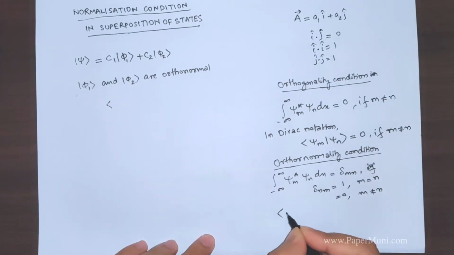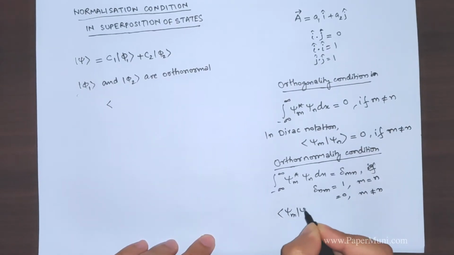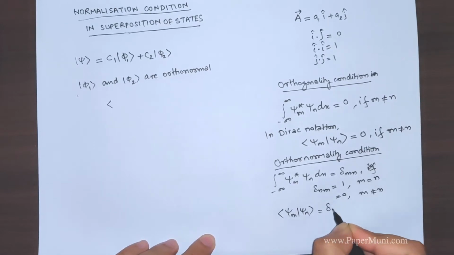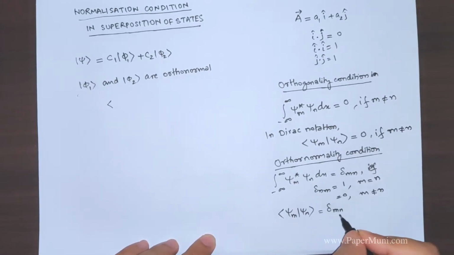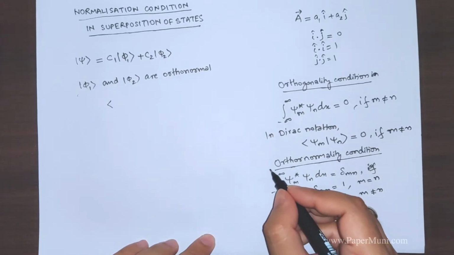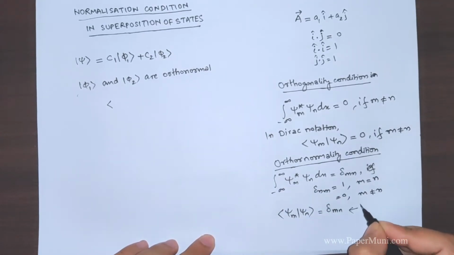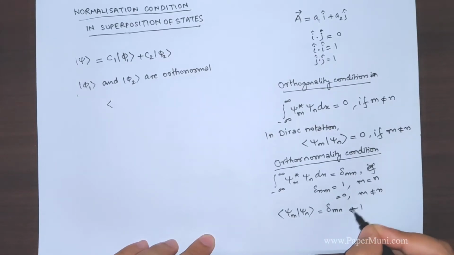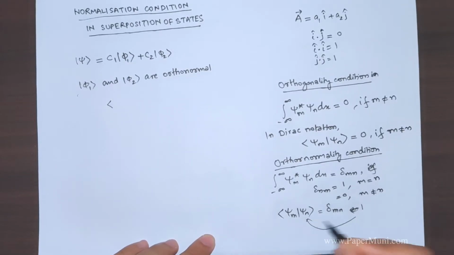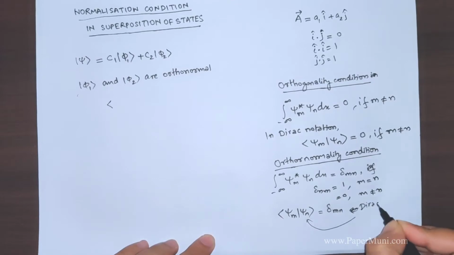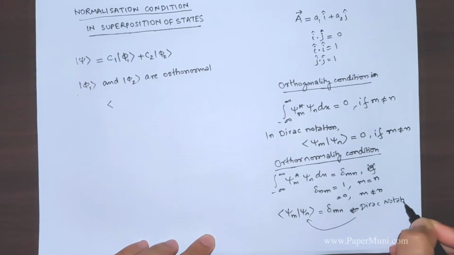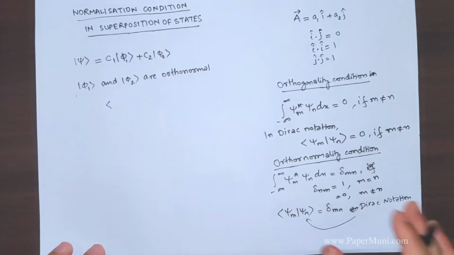If we write this in Dirac notation, that is the inner product of psi m and psi n, we'll use the Kronecker delta notation. This is the same orthonormality condition in Dirac notation, the bra-ket notation. Keep this in mind, as we'll be using it here.